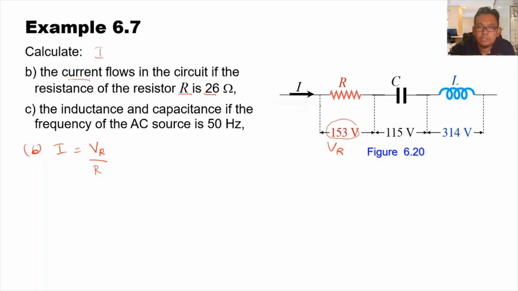That's why we substitute VR here, and we get the value 5.88 ampere. This is a series connection, so that means the same current flows in the capacitor and in the inductor.